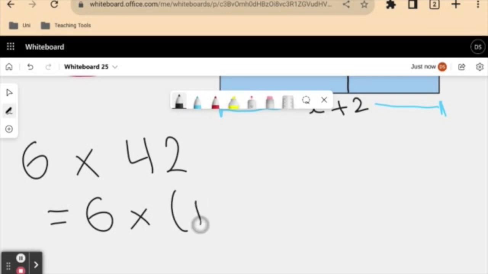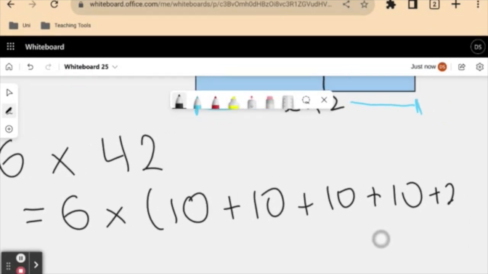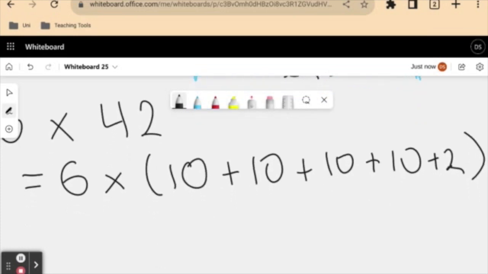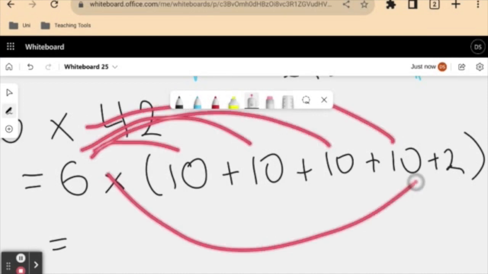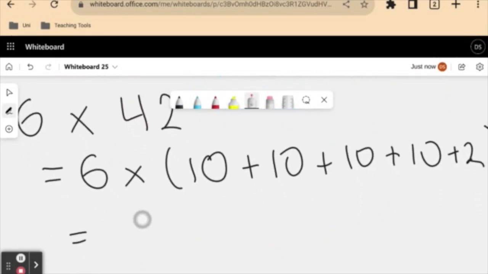So I can make up 42 with 10, 10, 10, 10, and 2. That's fine as well. And we notice the same thing happening because we can expand and multiply our 6 by every element here. And these will all add up together to give us the product we were looking for in the first place.